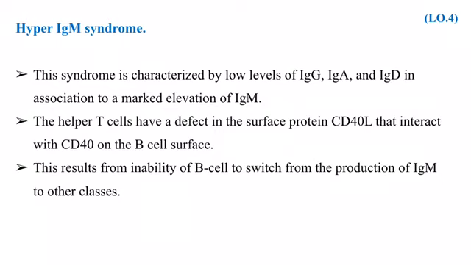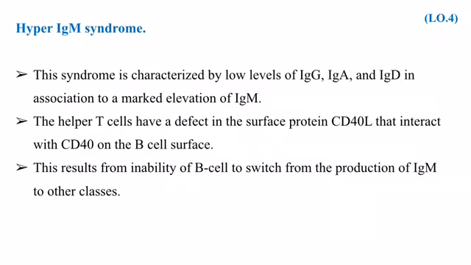Here the helper T cell has a surface marker, CD40 ligand, which will bind with specific receptors called CD40 on the B cell surface. When CD40 ligand binds with the CD40 receptor on the B cell, it will activate the B cell.